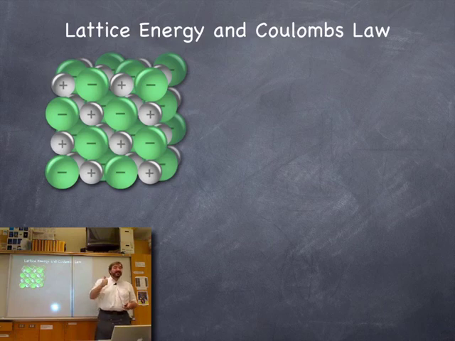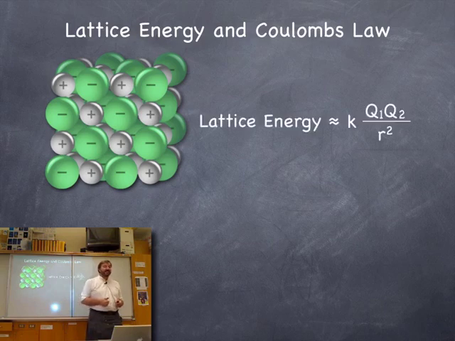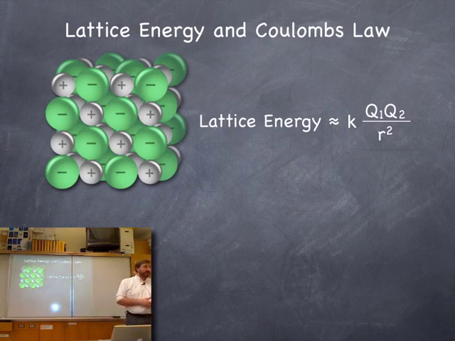Because it's what we call a Coulombic force, based on Coulomb's attraction, electrostatic attraction, the attraction of a positive charge for a negative charge, the lattice energy is proportional to the charge on the ions, +1 and -1 in the case of this sodium chloride crystal, divided by the distance between them squared. R is the distance between the two nuclei, the internuclear distance.